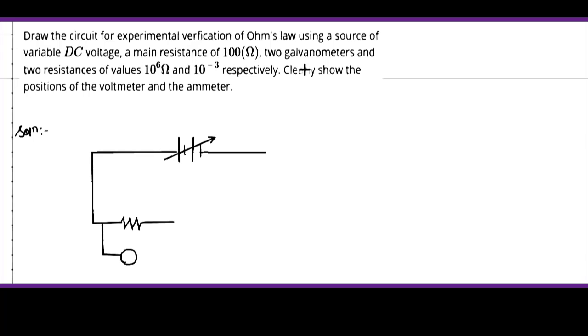So here we will connect the galvanometer with a series resistance, and that value of resistance will be very high. So this is about the voltmeter. First of all, the voltmeter will be connected in parallel to the circuit.